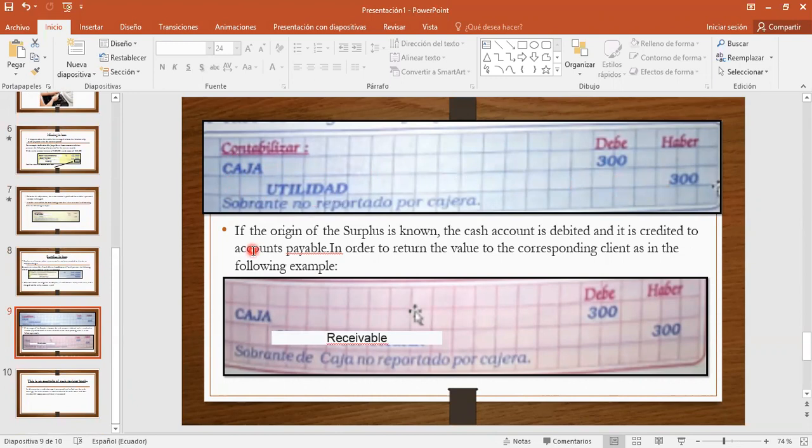If the origin of the surplus is known, the cash account is debited and the credit goes to accounts payable, in order to return the value to the corresponding client, as in the following example. Books versus receivable. Books is $300 and receivable is $300.